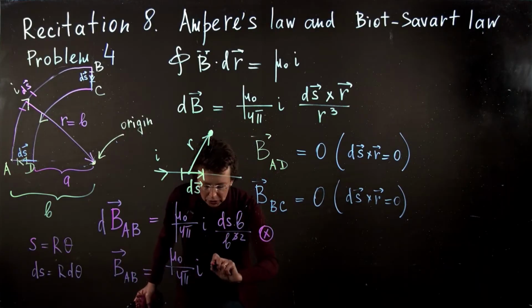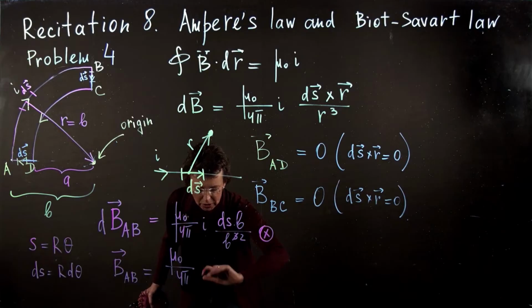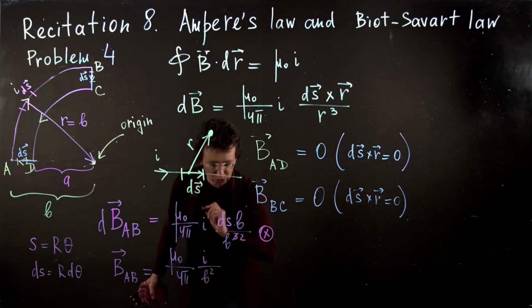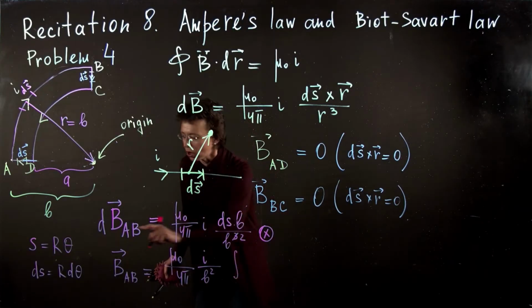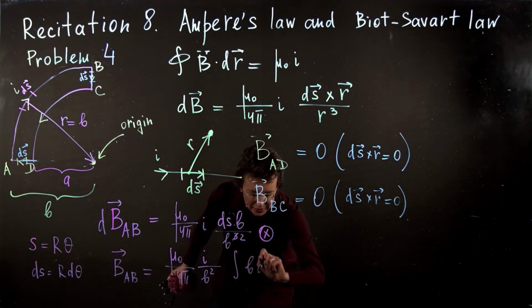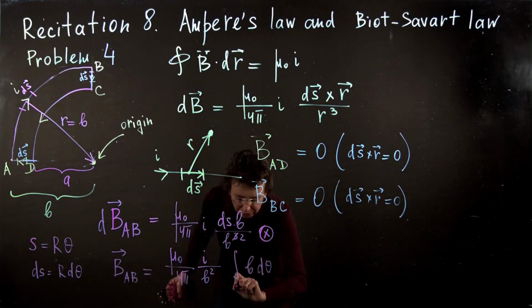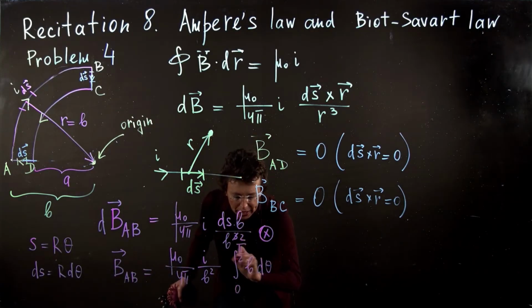Let me rewrite it. I, and B is also constant. I take it out of the integral. And now we have integral ds, which is radius B d theta. And I need to integrate from 0 to pi over 2.